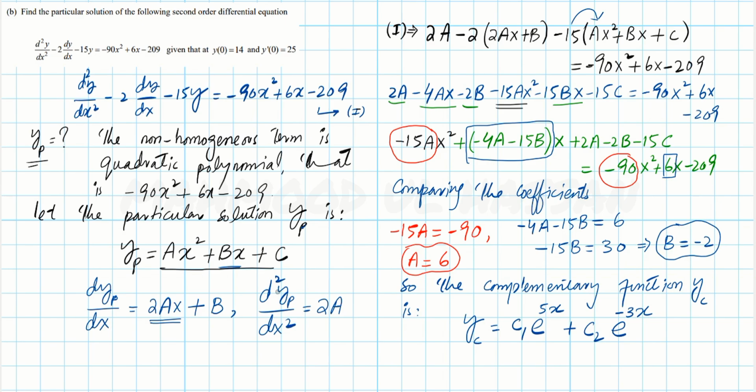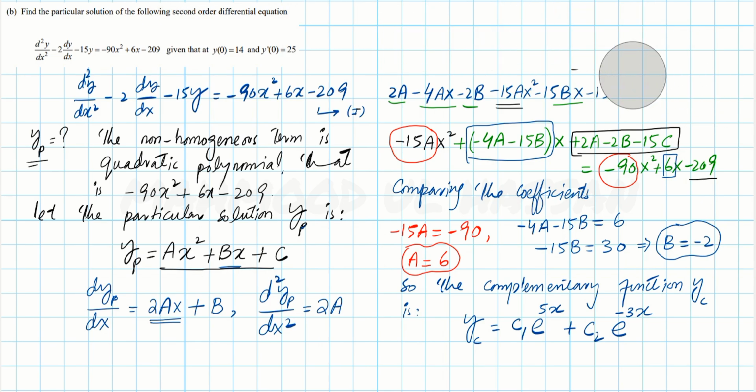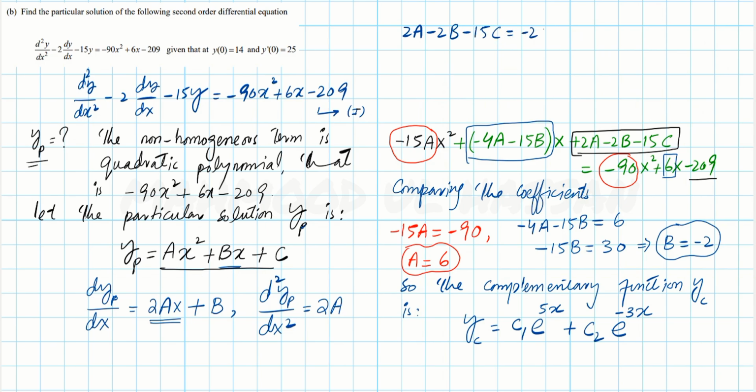Okay, the next is we have to compare the constant term, that is we have to compare 2a minus 2b minus 15c with negative 209. So 2a minus 2b minus 15c is equal to negative 209.